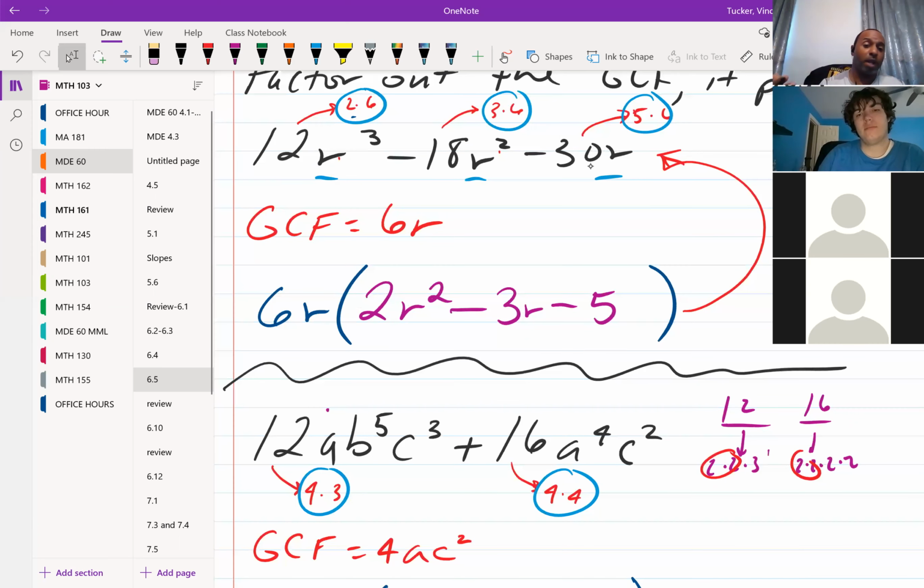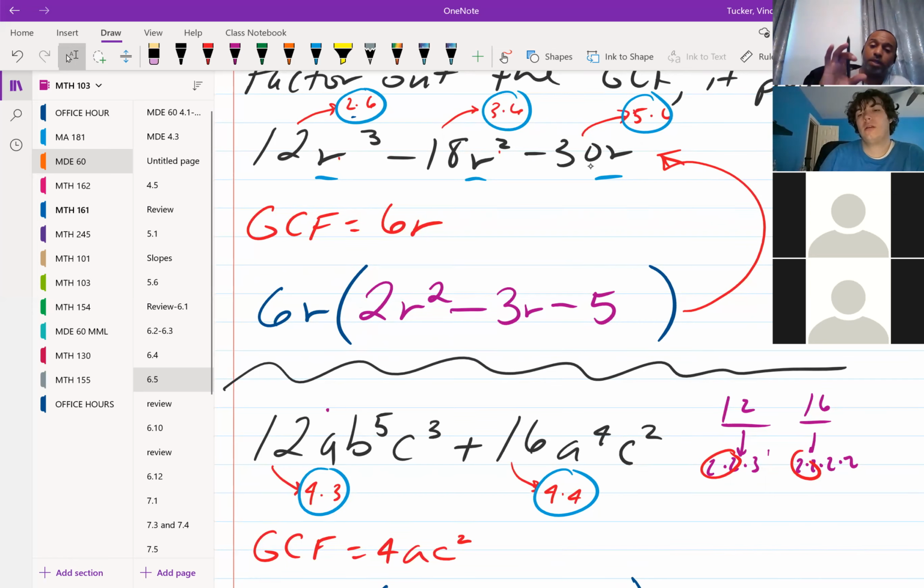So I know I can at least pull out 1A from each. And then there's only B in one term, so you can't factor out B. But then we go to C. We have 3 C's in the first term, and then 2 C's in the second term with 16. So I can pull out at the most 2 C's from both of them. And so that's why our GCF is 4AC squared.